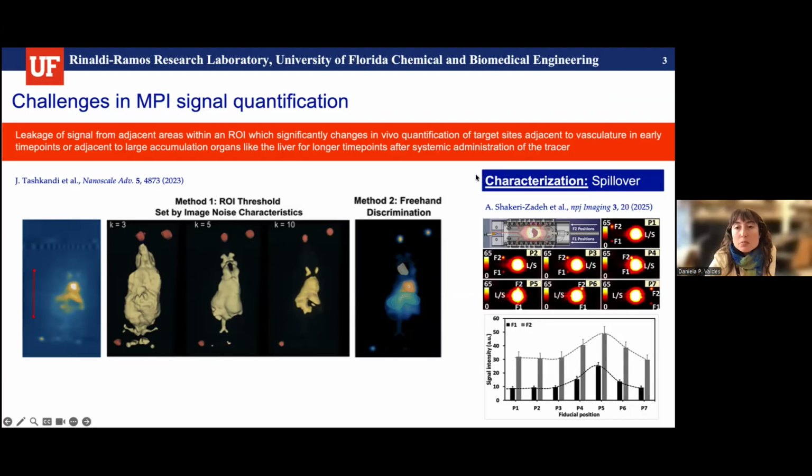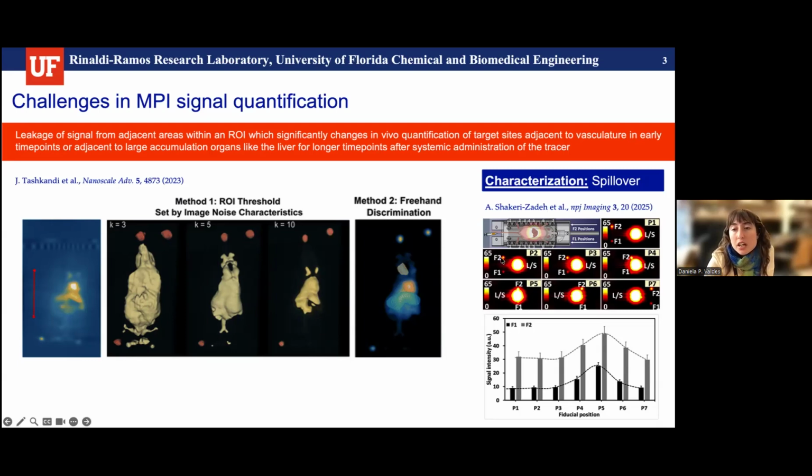The first paper to characterize the effect and give it a name is this paper here on the right from the group of Shefoti, that took the term spillover, and also shine through, because it's referring to the same phenomenon already reported for MRI and PET, and showed how it was affecting MPI.